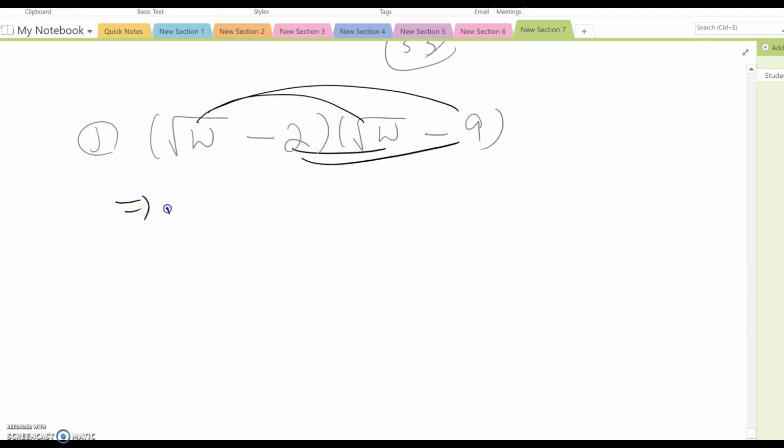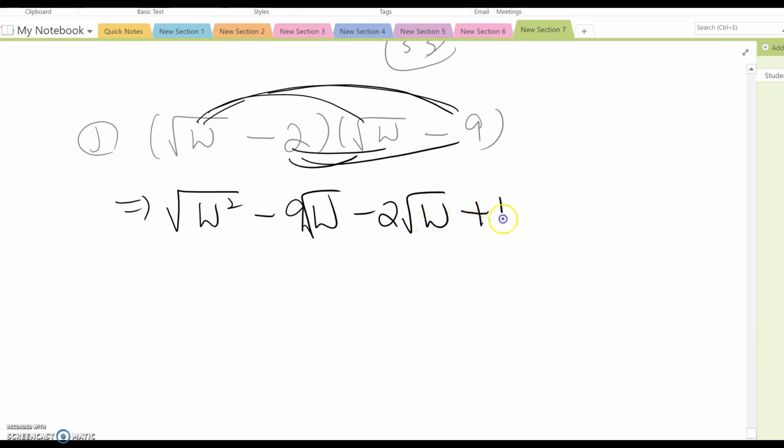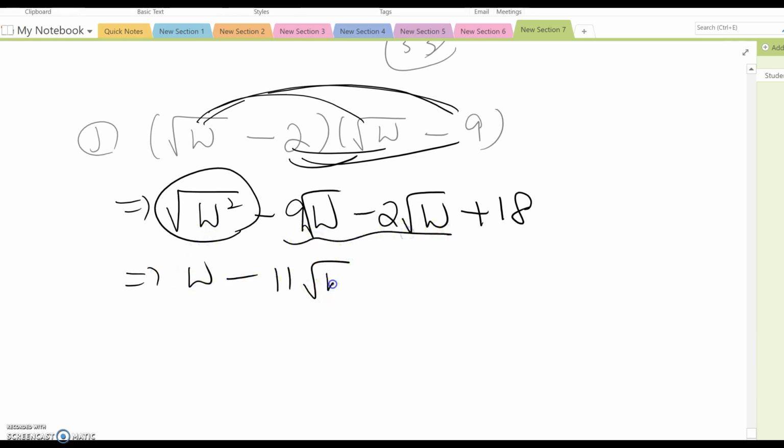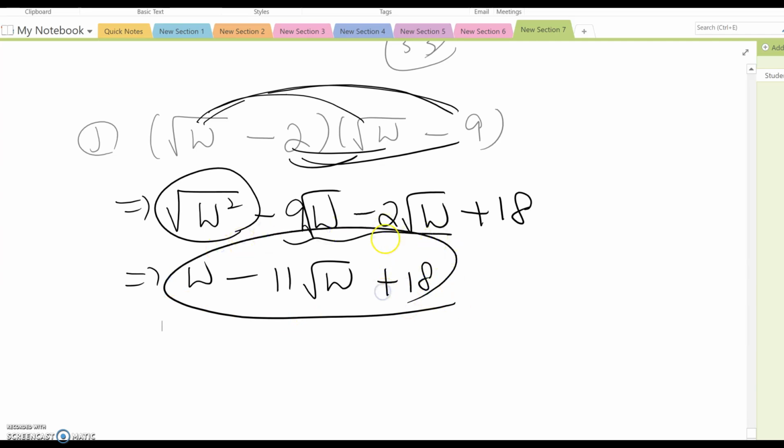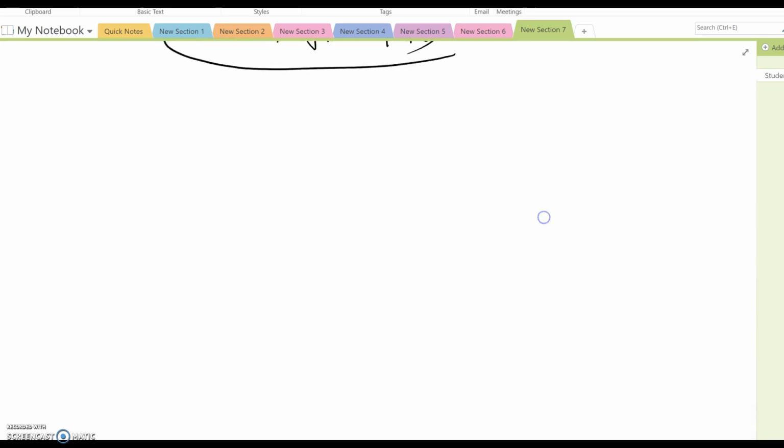Then this becomes square root W squared minus 9 root W minus 2 root W plus 18. Then this becomes W, and total becomes 11 root W plus 18. That should be the answer for this problem.